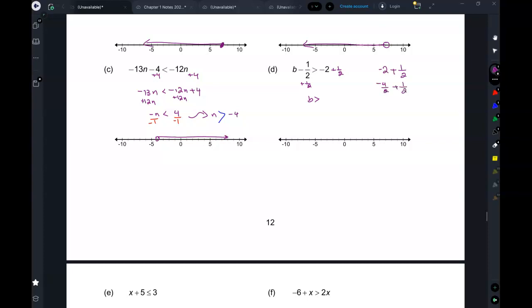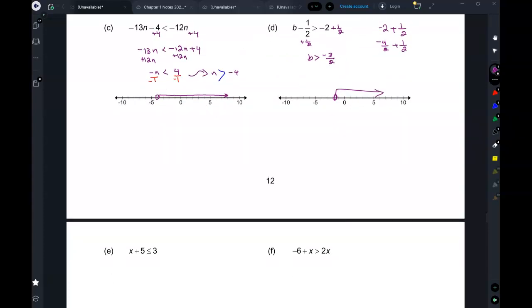Plus 1 over 2, negative 3 over 2. Okay, so how much is that? Negative 1.5. I go here, open circle, and I go to the right.